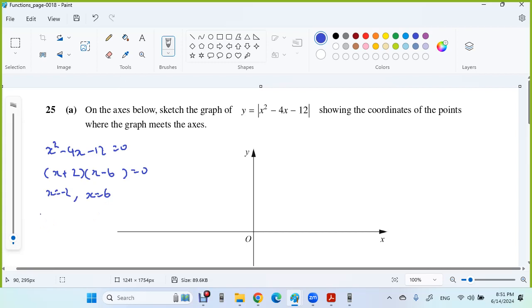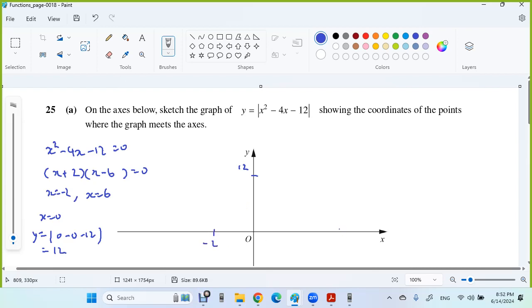And then when x equal to 0, the y will be the modulus of 0 minus 12, so it is 12. Okay, so we have the 12 here, and then we have the negative 2 and the 6 here.